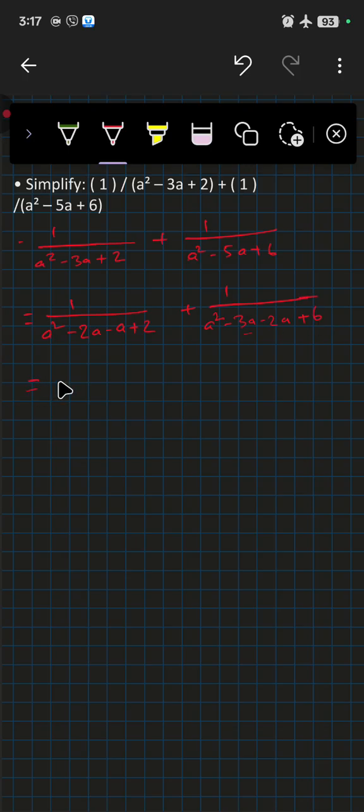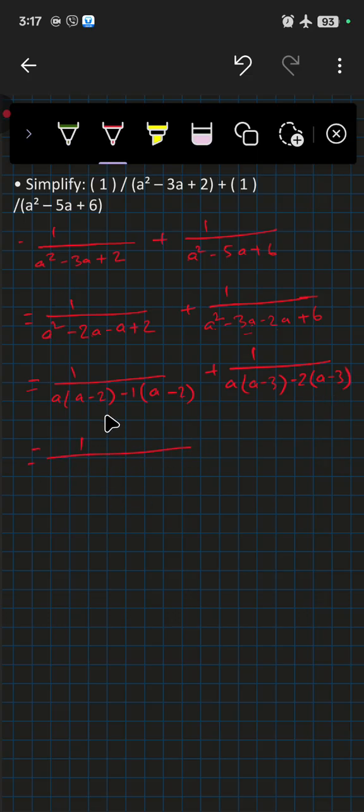So now let's take common in between these two. A is common, a minus 2 is left. Minus 1 is common, a minus 2 is left. Over here, again a is common between these two. A minus 3 is left, and between these two, minus 2 is common. So a minus 3 will be left.